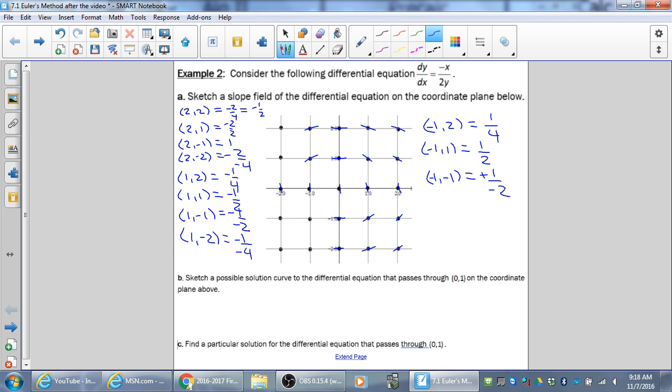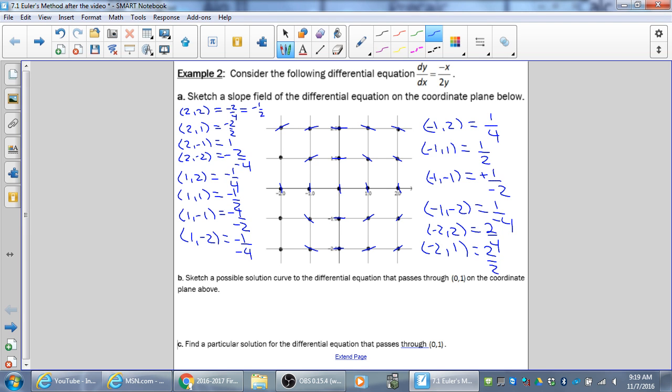Negative 1/2. It helps that I know what this is supposed to look like. Negative 1, negative 2. 1 over negative 4. Negative 1/4. So flattening out like that. All right, last column. Here we go. Negative 2, 2. So 2, 4. 1/2. Negative 2, 1. 2, 2.